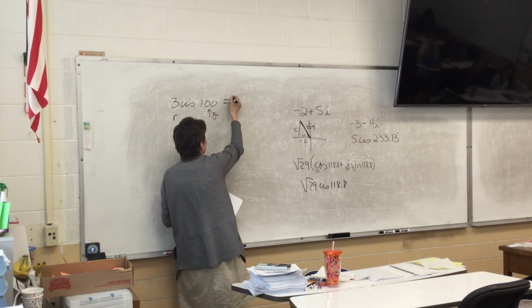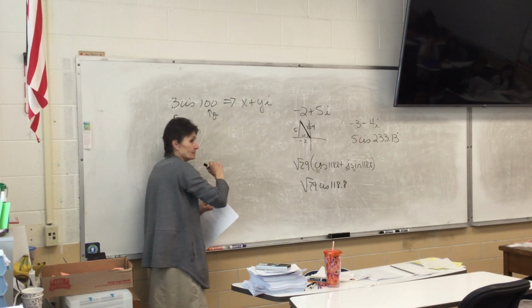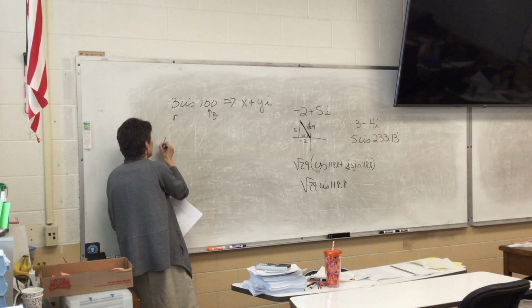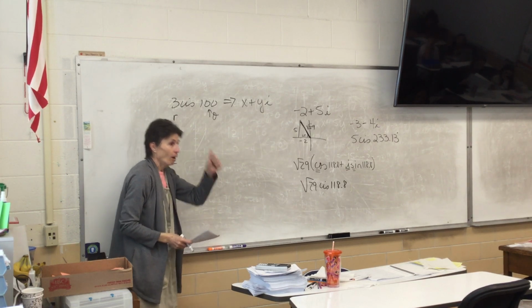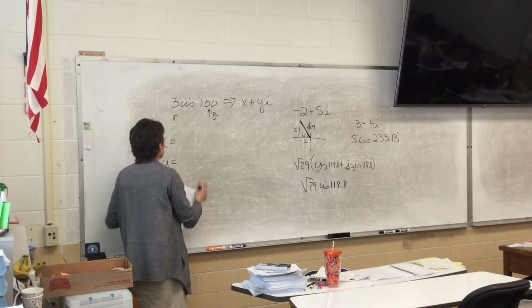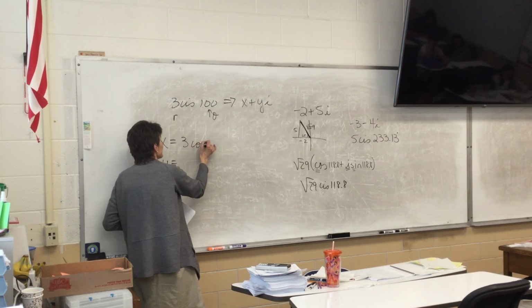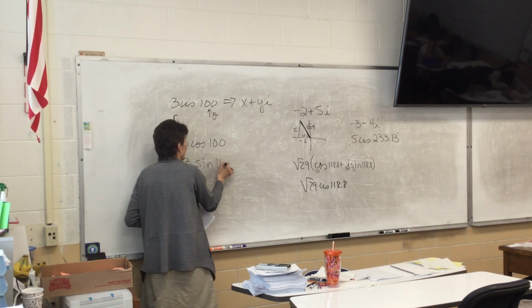And we are trying to find x and y. What do we know about x and y? What does x equal? r cosine theta. X equals r cosine theta. Y equals r sine theta.